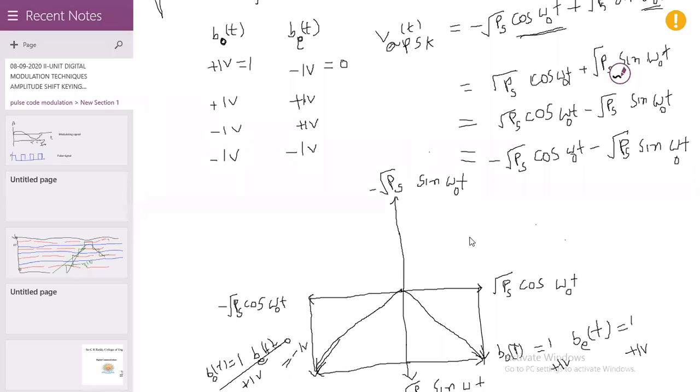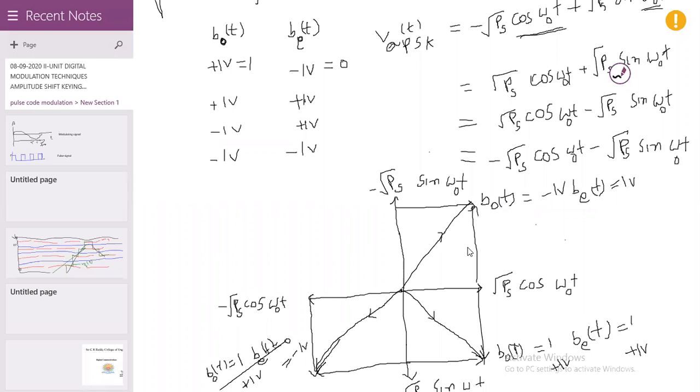Similar way here also the resultant one is this one. This is V naught of t equal to -1 volt, V of t equal to 1 volt.